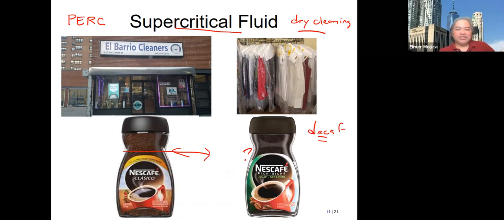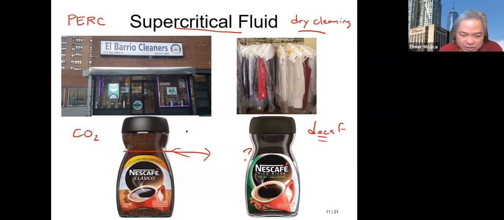So traditional means you use what? Organic compounds, an organic solvent known as chloroform, and then they just let it dry. So imagine you're going to drink a material that was exposed to an organic chemical. So what they do, they use a supercritical fluid like CO2.